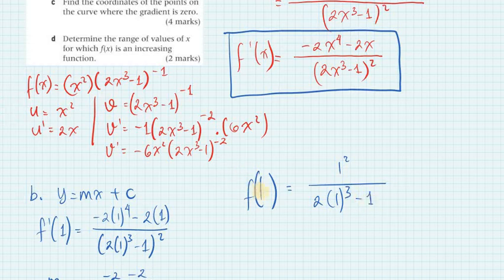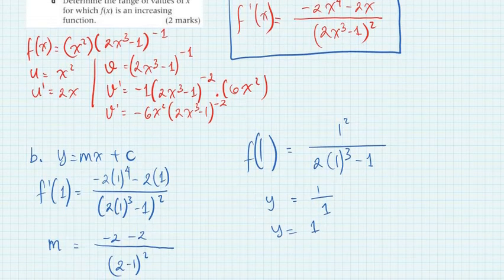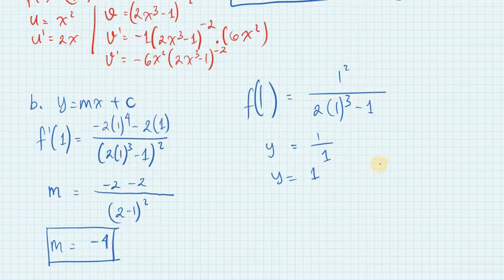So it means f(1), or in this case y. Remember the x is 1, yeah? The y equals 1 squared, which is 1, over 2 times 1 to the power of 3, which is 2, minus 1, which is 1. So y is equal to 1. So we got a point. So the point is (1, 1).